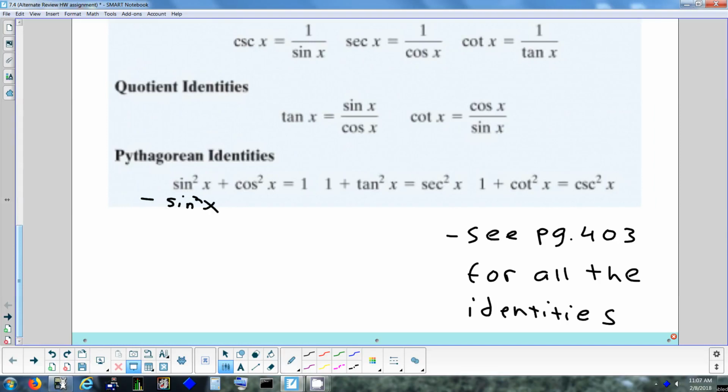I could subtract sine squared on the left, subtract it on the right, and now I've rearranged it. Cosine squared equals 1 minus sine squared. I'm not going to write down every possible way you can arrange every single identity. That's a lot. But the point is you can move stuff from one side to the other in any of these. So any questions on that idea?